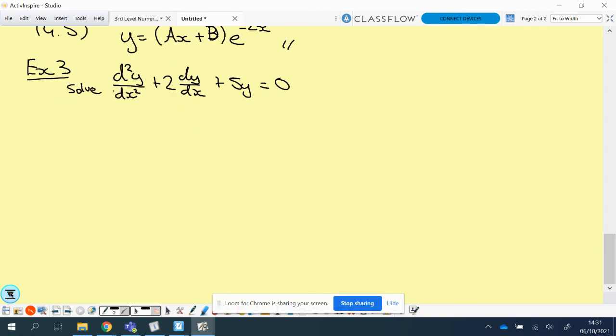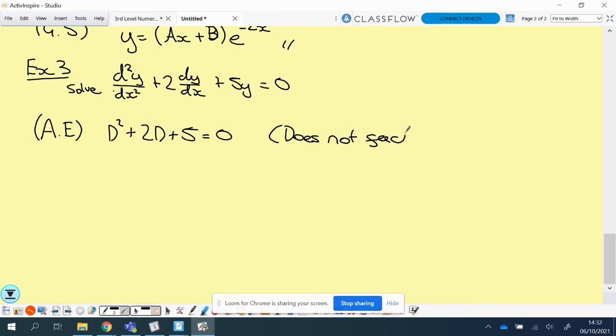So our auxiliary equation is going to be d squared plus 2d plus 5 equals 0. And this does not factorise. So we'll go to the quadratic formula. So a will be 1, b will be 2, and c will be 5.